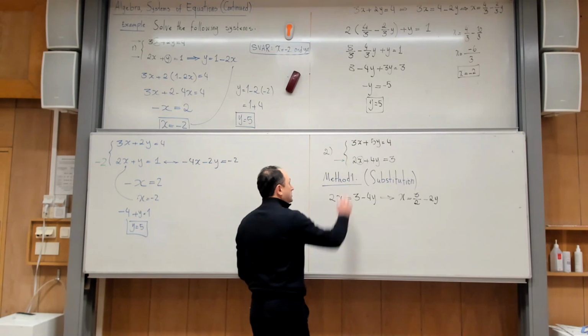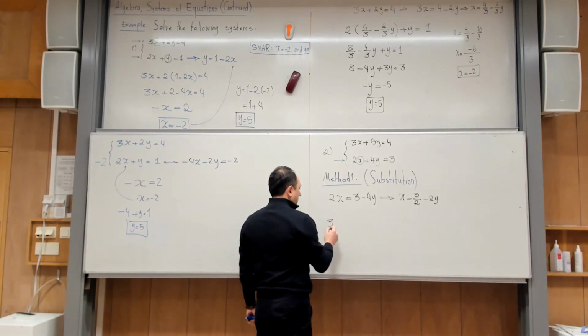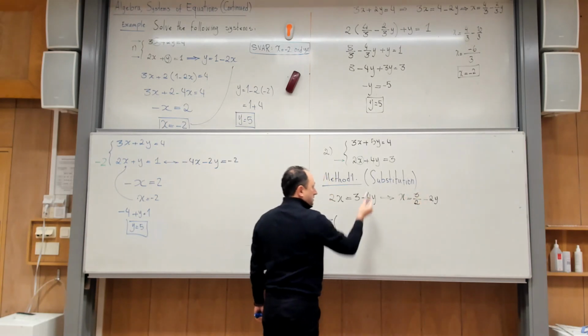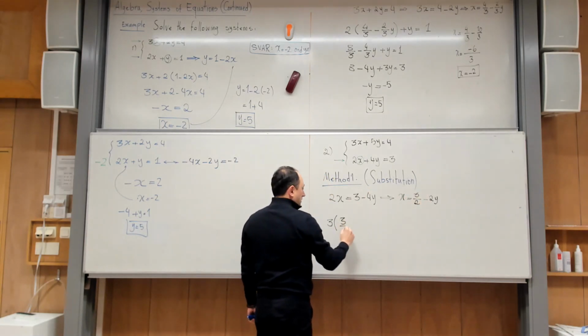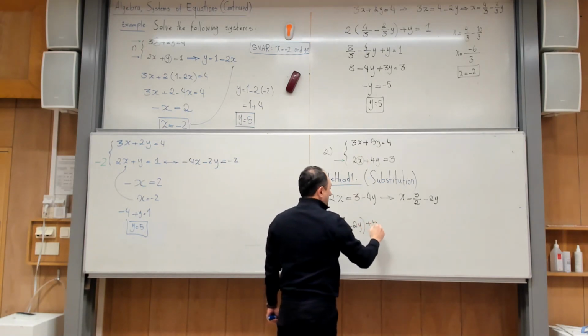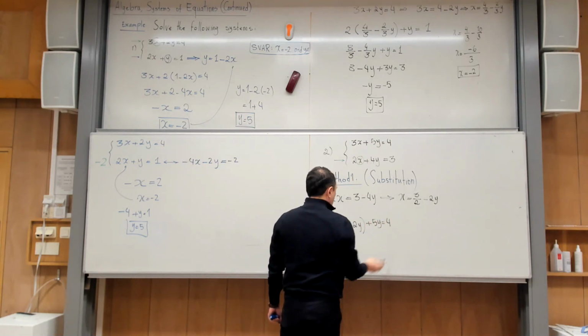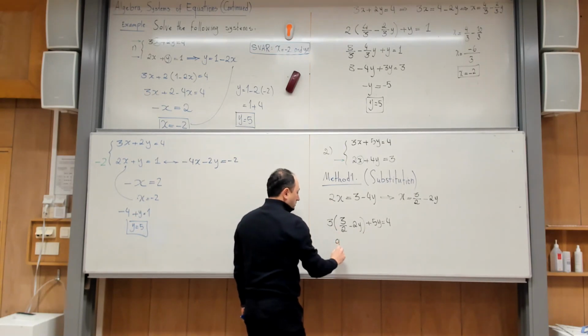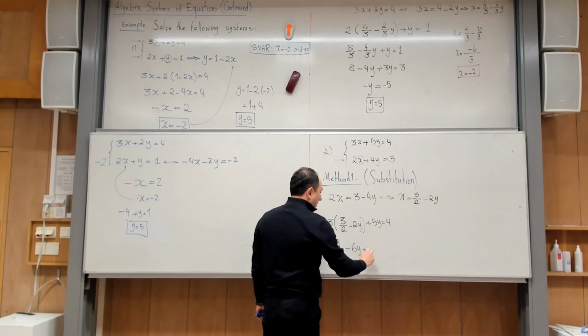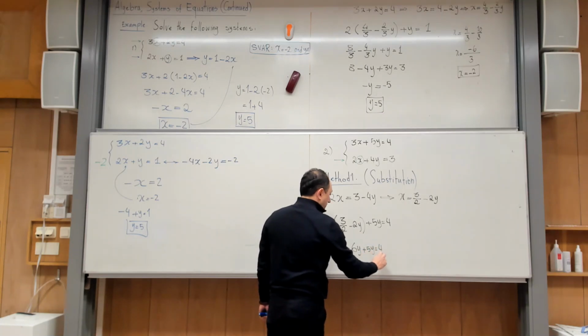It becomes 3, I take x away and substitute it with this, the substitution method, plus 5y equals 4. Then I multiply 3 there, it becomes 9 over 2 minus 6y plus 5y equals 4.